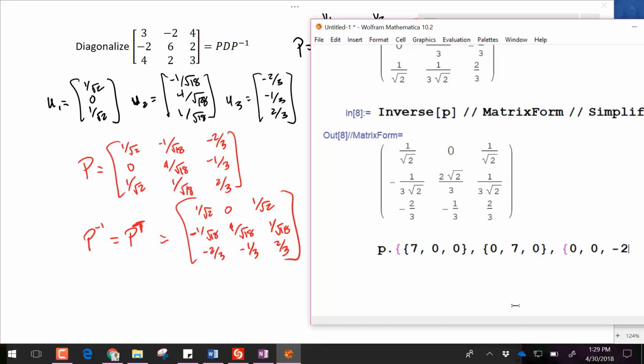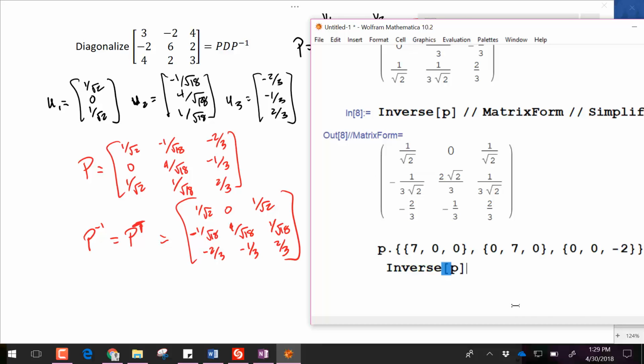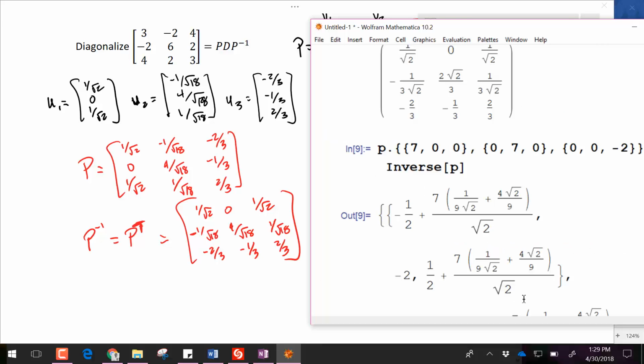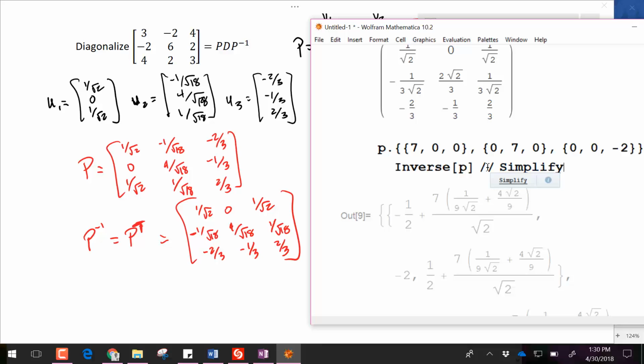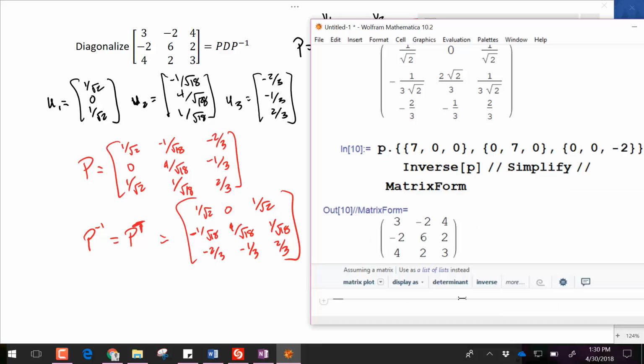The last one. Oh, there it goes. Is that the same? Yes. Phew. Okay. So it looks like it worked.